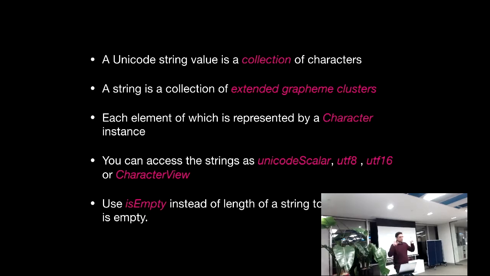That's the complex glyph that says it's not just 65 for A, but it actually is 0x, and then depending on whether it is Unicode, non-Unicode, and so on. You can access the strings as Unicode scalars, UTF-8, UTF-16, or character views. So it translates for you between those formats.